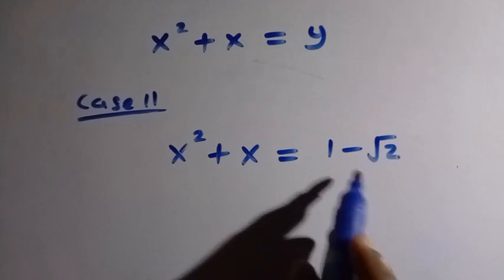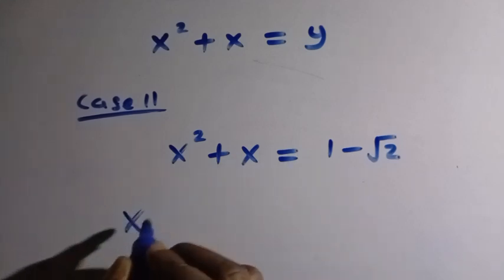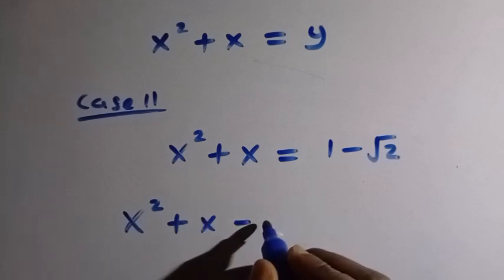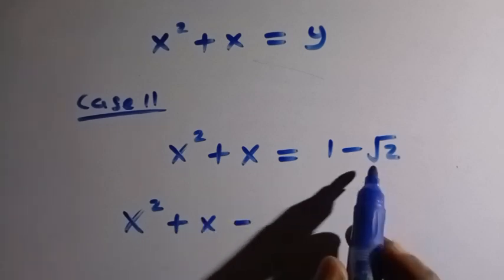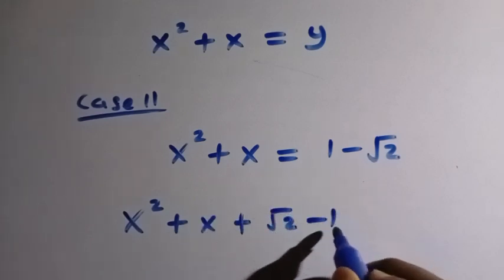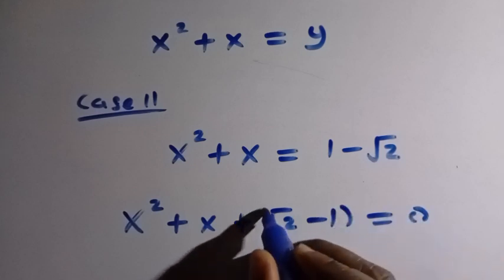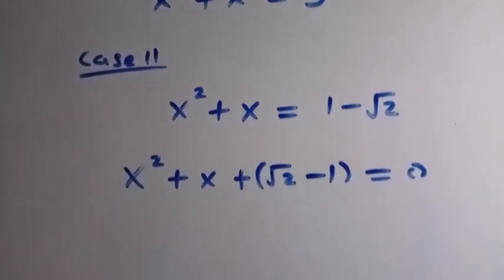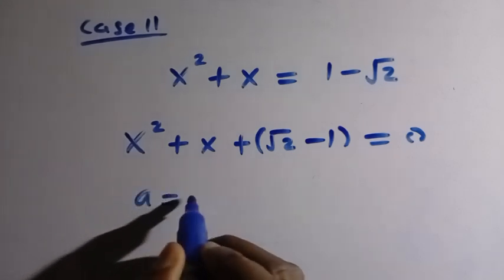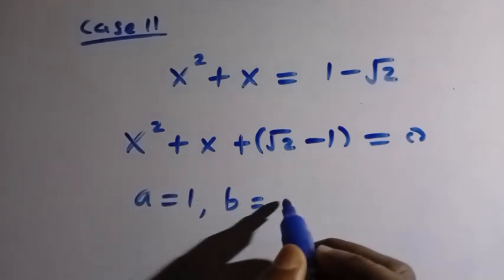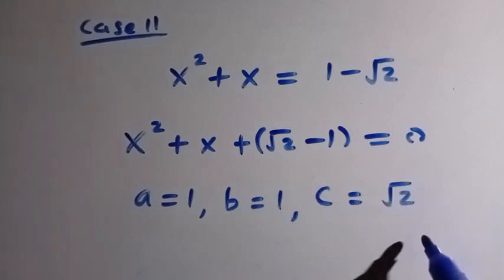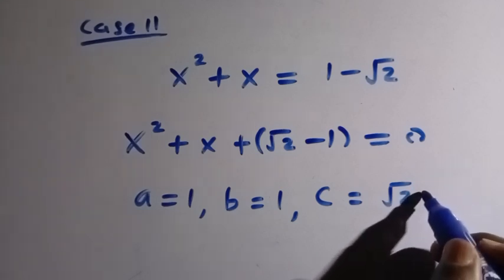By transferring everything to one side, we have x squared plus x minus, and there are two ways we can write this. If you take the minus inside, this becomes plus root 2 minus 1, then everything equals 0. So we have a equals 1, b equals 1, and c equals square root of 2 minus 1.